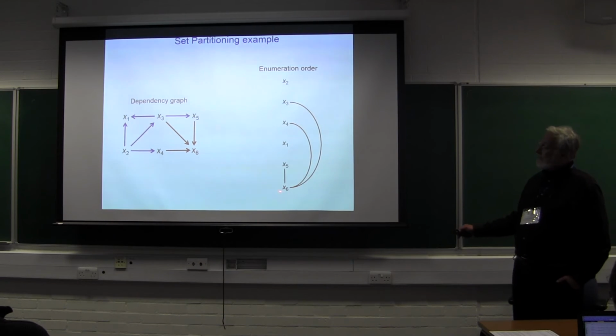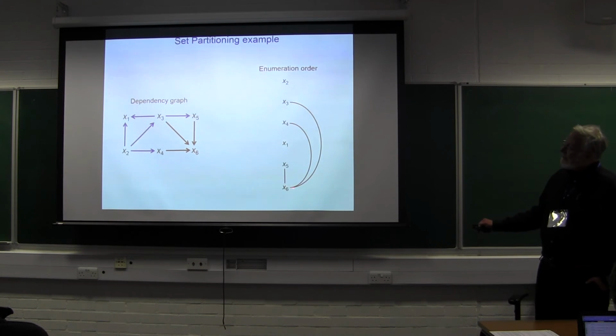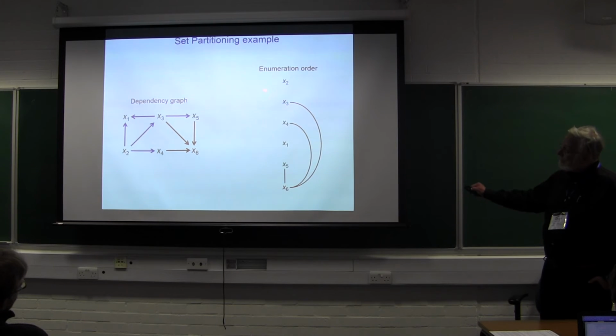Now, if you look at x6, it depends on 3 other variables. x6 occurs in common constraints with 3 other variables. So you can't determine which values of x6 are possible until you know the values of those 3 variables. As long as you know the values of these 3 variables, you can determine which values of x6 are possible.